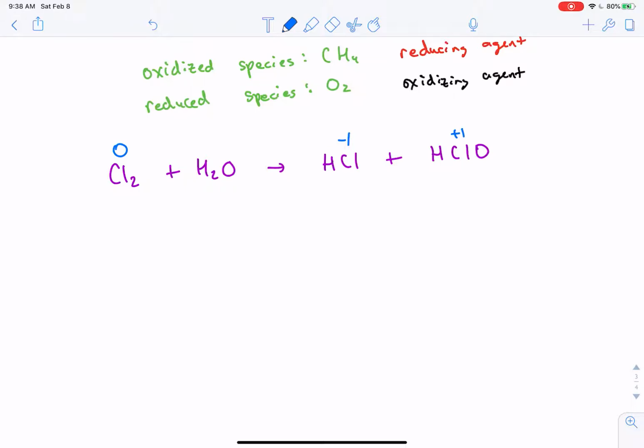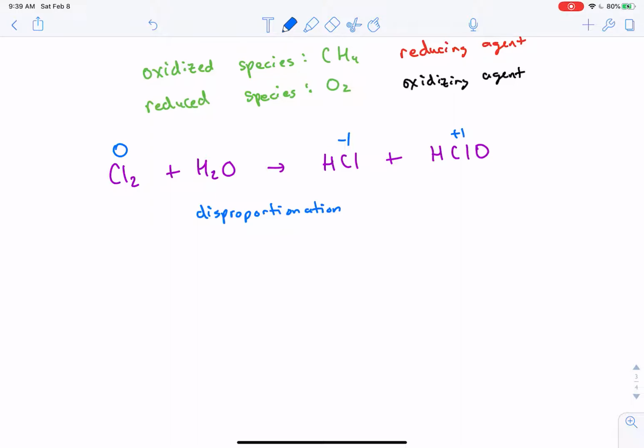This is another example of where definitions don't work, because you would argue that this chlorine gains hydrogen in both of these species. So it could be contradictory there. This is called a disproportionation reaction. I don't think you need to know that term, but it is a possibility that you could have a reaction where one element is both the oxidizer and the reducer based on the products that are produced.